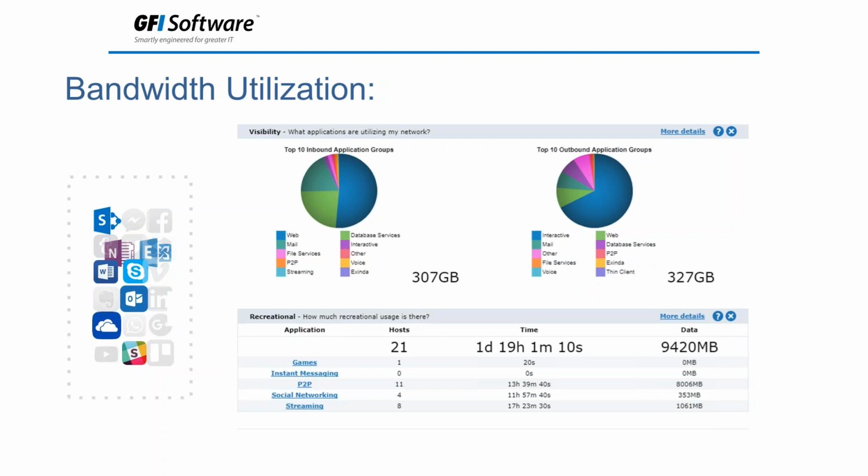So you can see here there's a top 10 inbound application groups and top 10 outbound application groups. And it's simply a list of common applications that have similar tasks and characteristics and are commonly grouped. So web is the very first one, and web is simply anything that uses a web browser, so HTTP and HTTPS. We also have mail services, file services, P2P.